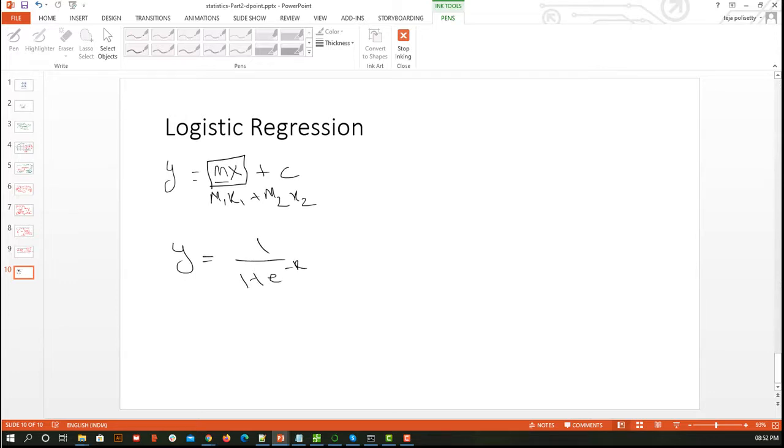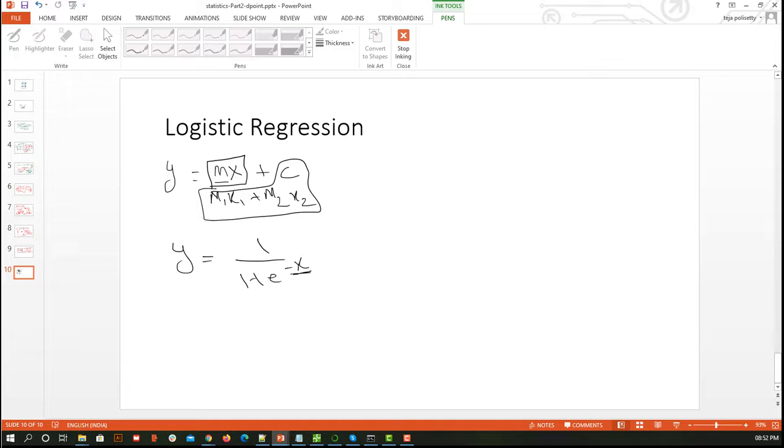Don't worry about why this function, and so on. Let me write this again: 1 / (1 + e^(-x)). Here our x is nothing but our complete function, so the complete function will come in this place.